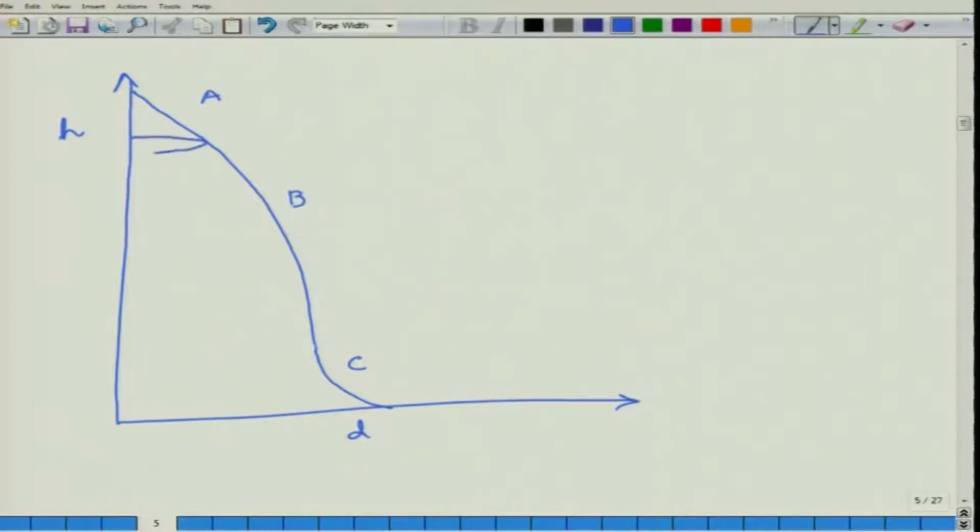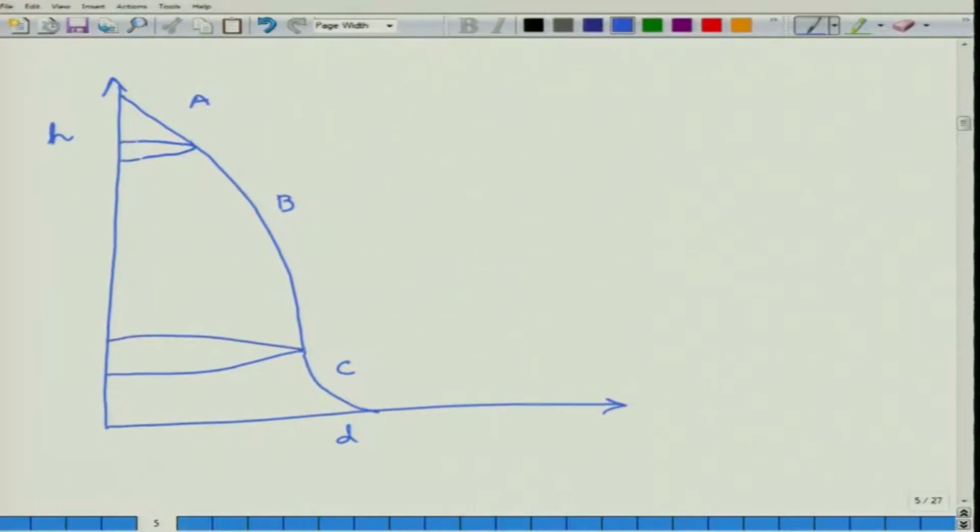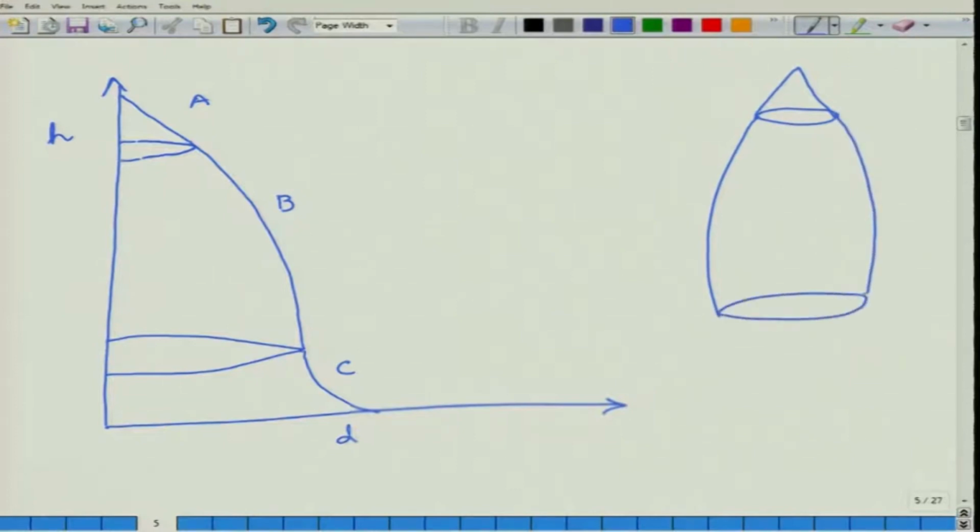This is like half of the tree, and similarly we will have it on the other side as well. So, the topmost section is a cone, followed by a paraboloid section, followed by a neiloid section.